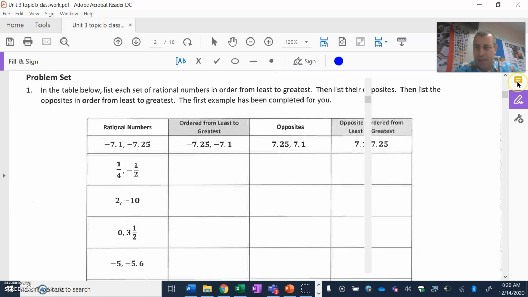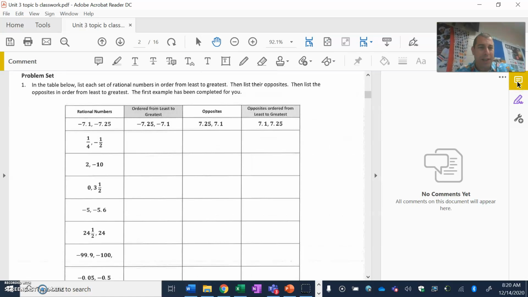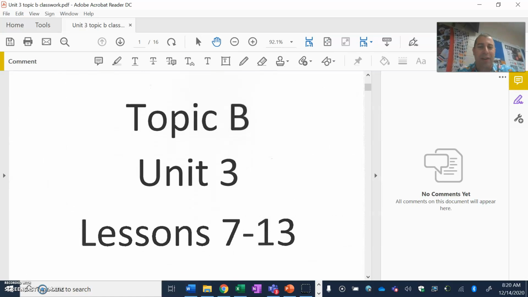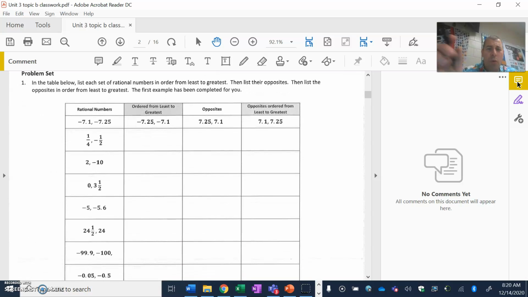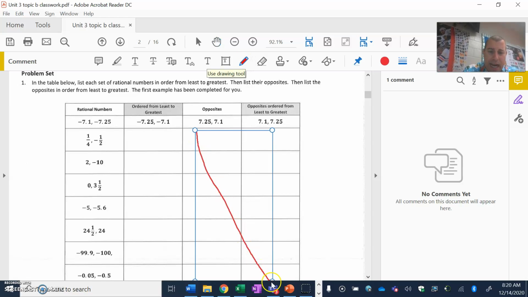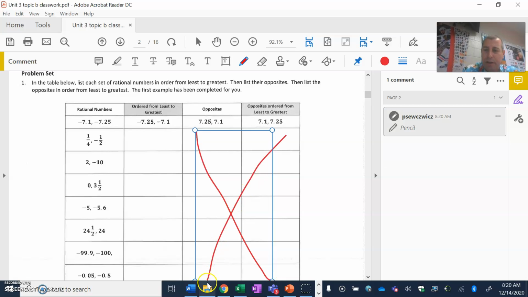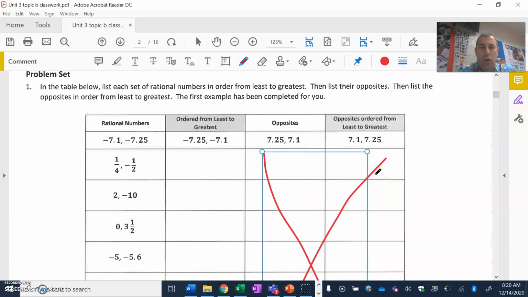Let's get to where we need to be here. Okay, so first of all, here we are, Unit 3, topic B. So what we're actually going to have you just do is put them in order from least to greatest. So this entire side you can get rid of. We don't need to.